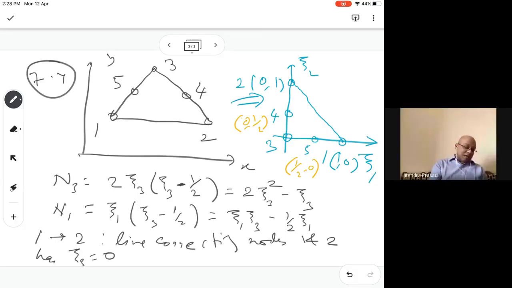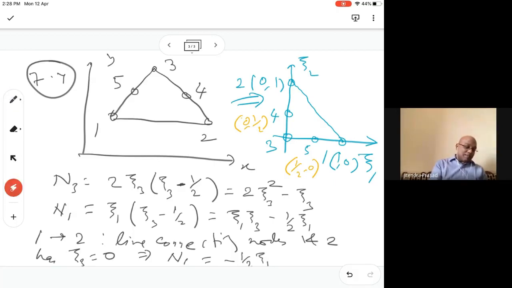Simple. So if you put Xi3 equal to 0, what do we see? We see N1 equal to just this. N1 becomes, with Xi3 equal to 0, minus half Xi1.